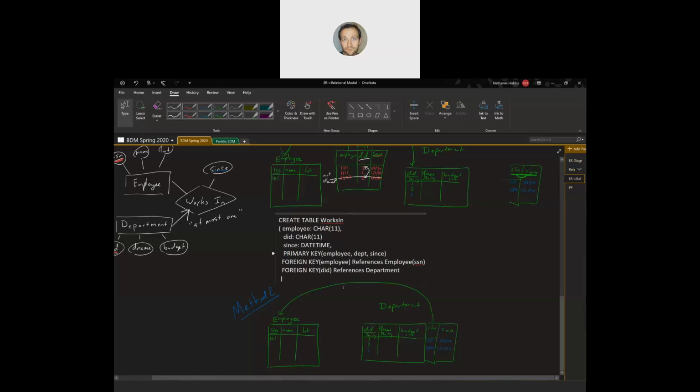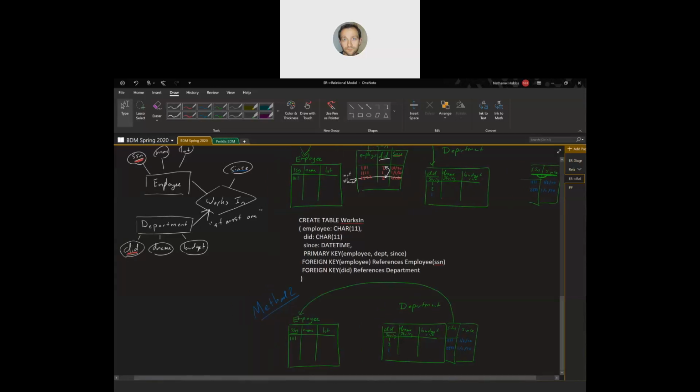This still captures this constraint up here. One employee can work in many different departments, but one department can only have one employee. And this is implicitly capturing it because here, this primary key, DID, is already acting as the filter to make sure that a department doesn't show up more than once.